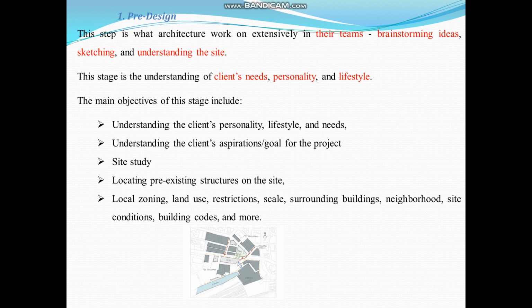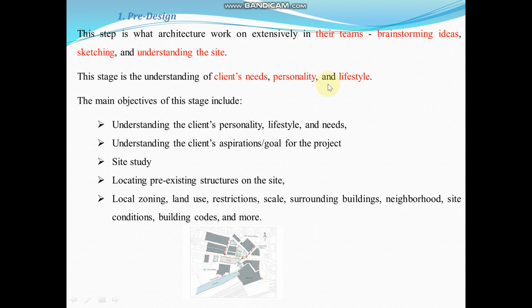Pre-design stage. This is the step where architects work extensively with their teams, brainstorming ideas, sketching and understanding the site. This stage is about understanding the client's needs, personality and lifestyle. During this stage, we have to know our client's needs, personality, lifestyle, beliefs, family size if it is residential, and financial capacity.